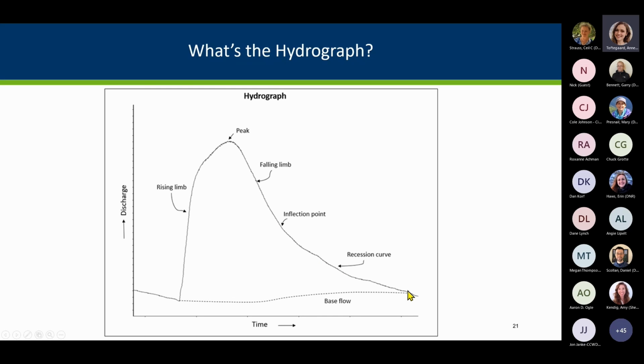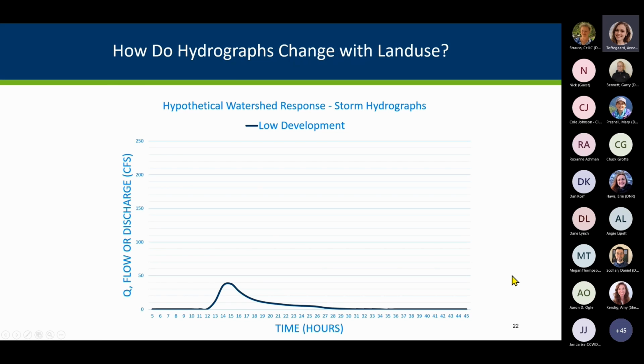And then as water works its way through the system, the discharge in the stream will fall off more gradually, as you can see on the hydrograph here. So you can look at hydrographs of many different rivers, streams, lakes, and it's just a way to describe the flow.